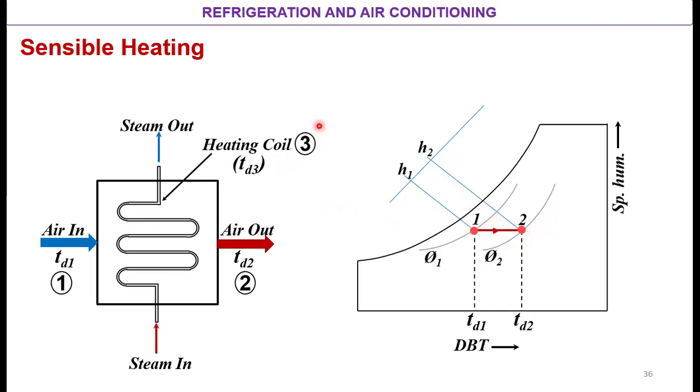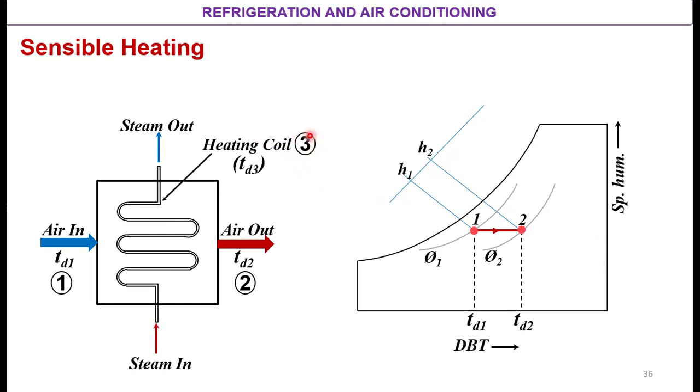I should also show point number 3. Can you tell me whether point number 3 will be on the right hand side of point 2 or the left hand side, and why? Point 3 is nothing but the surface temperature of the coil.